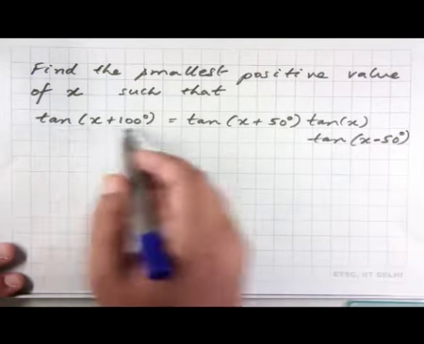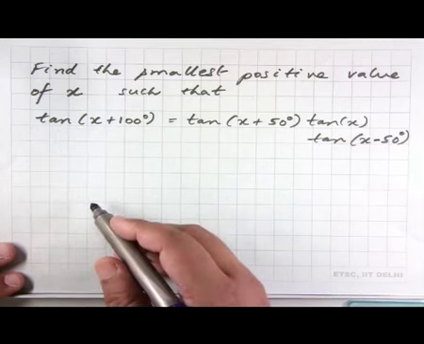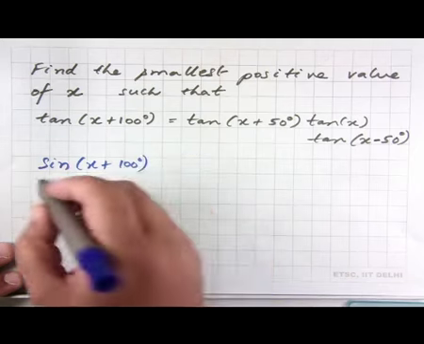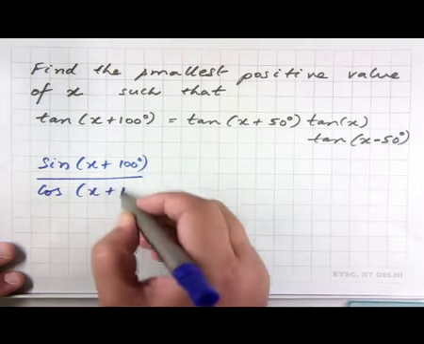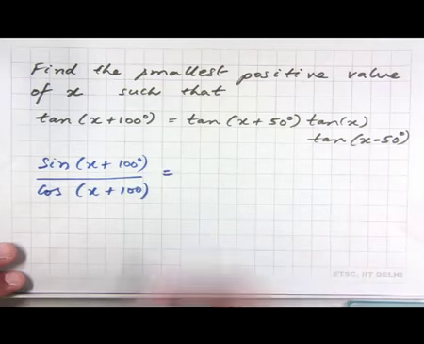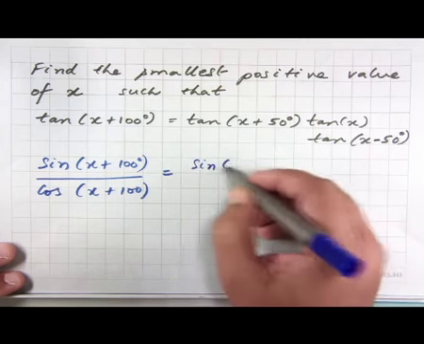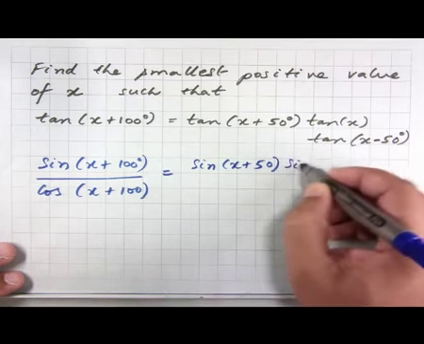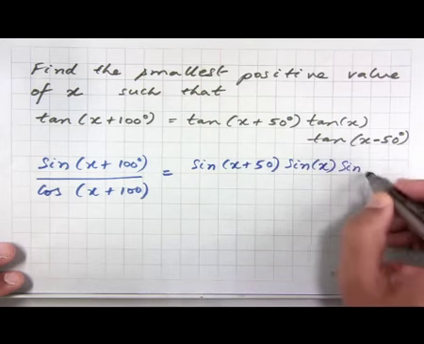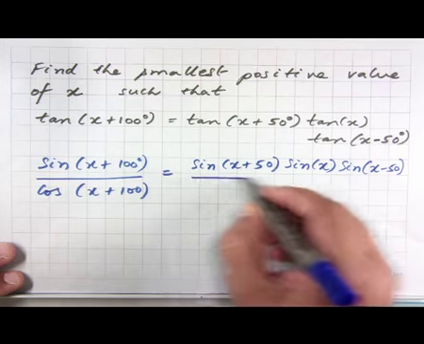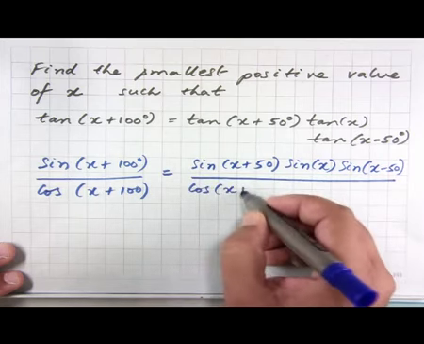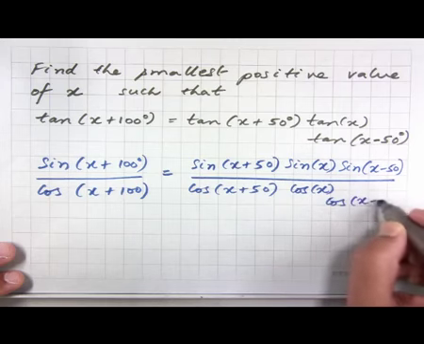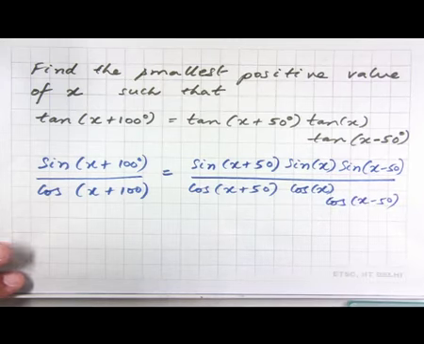So, again we write tan x as sin x by cos x, and therefore, this becomes sin of (x plus 100 degrees) upon cos of (x plus 100) is equal to sin of (x plus 50) into sin of x into sin of (x minus 50) divided by cos of (x plus 50) cos x into cos of (x minus 50). I am not writing degrees in the interest of time, and then we multiply both sides.